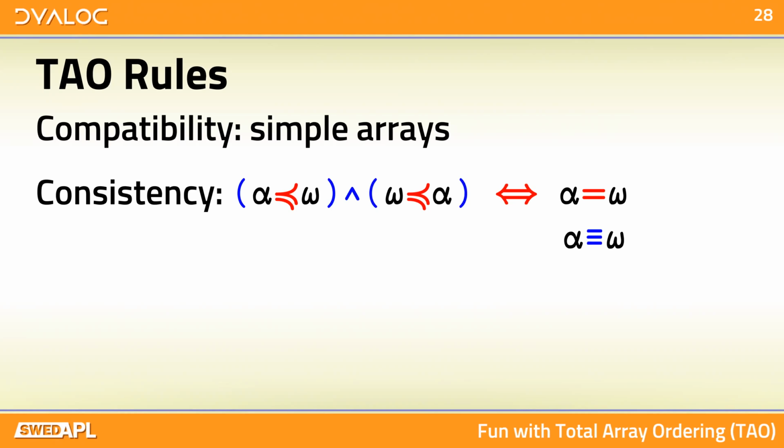But when we look at the contents of arrays, it's not always so obvious, because from match you also have, of course, not match, or not identical to, and it's not so obvious that these two empty vectors are different. One is numeric and one is character, but there are no numbers and there are no characters in there. We have to keep that in mind. In order for us to be consistent with match, and that's what has to define our ordering. So that's important. We'll come back to empty arrays later. It's complicated.